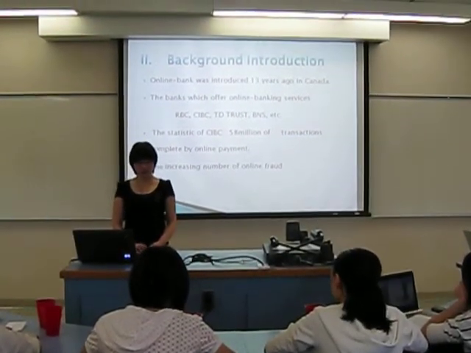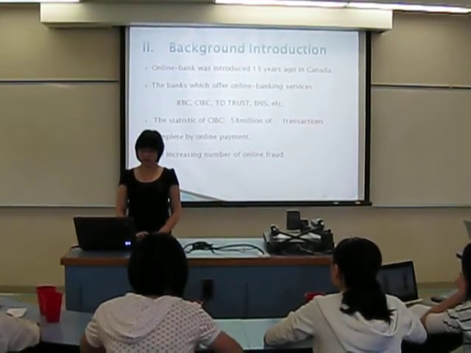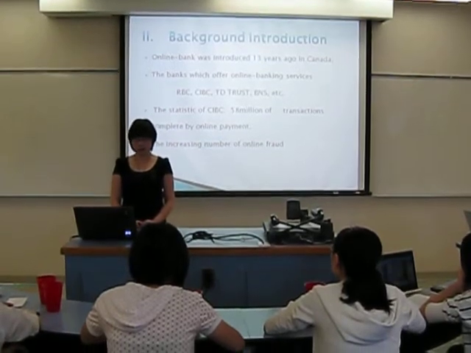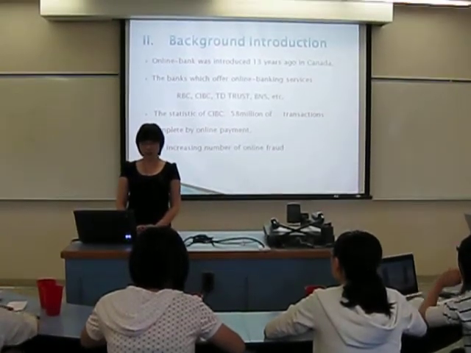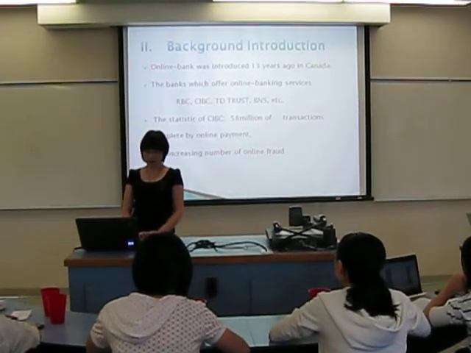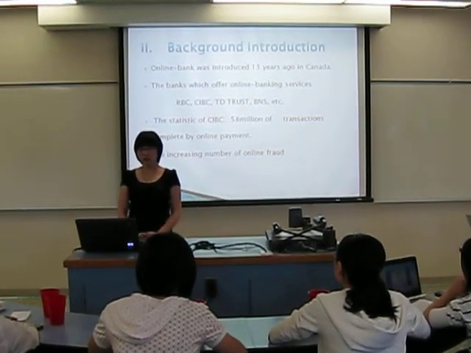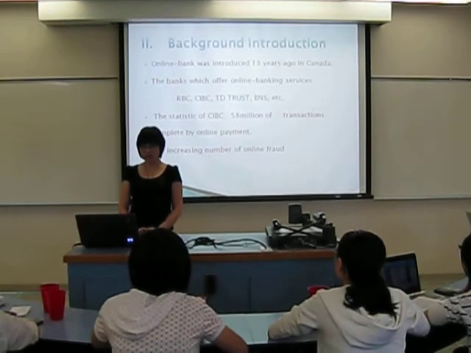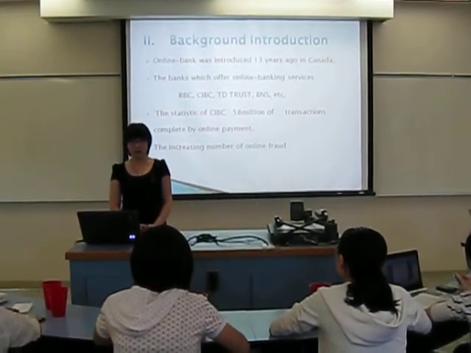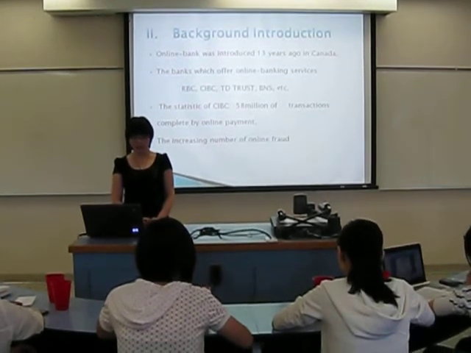A statistic from CIBC shows the rapid growth of online banking. There were 58 million transactions completed by online payment. However, the number of online criminals is also increasing, such as identity theft, phishing attacks, and hacker attacks.